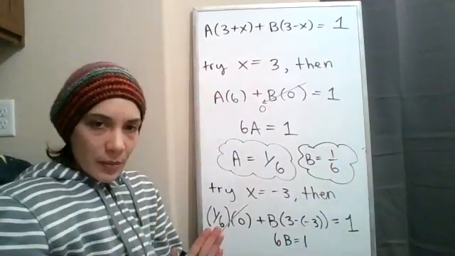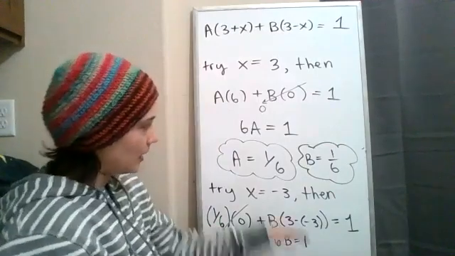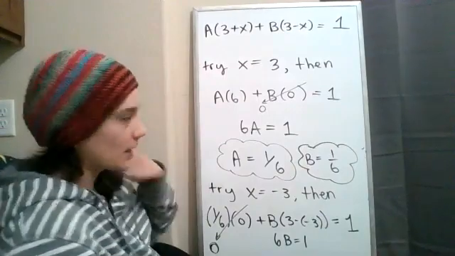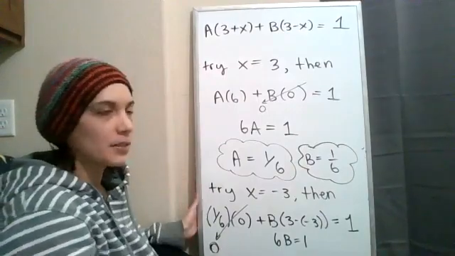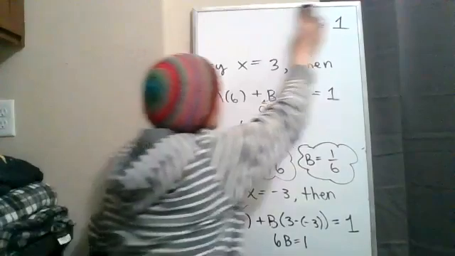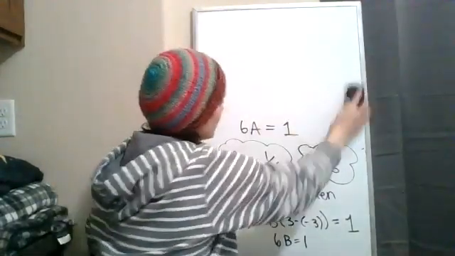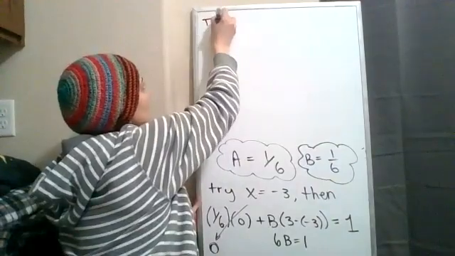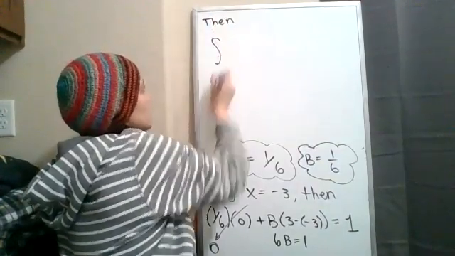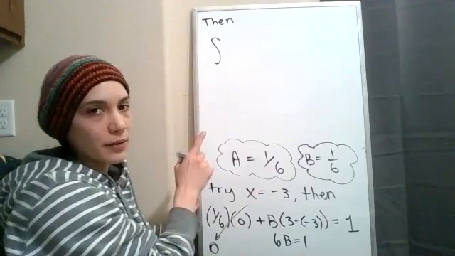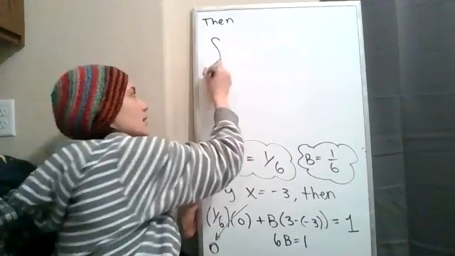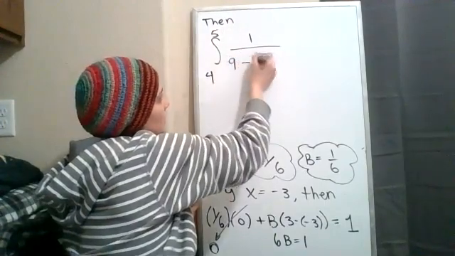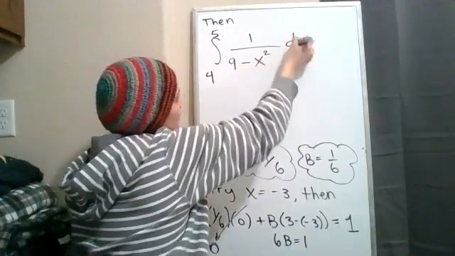So we're going to rewrite the problem that we started with and then put in a and b into those fractions, that partial fraction decomposition we had before. And then we also had bounds. So we're going from 4 to 5 of 1 over 9 minus x squared dx.